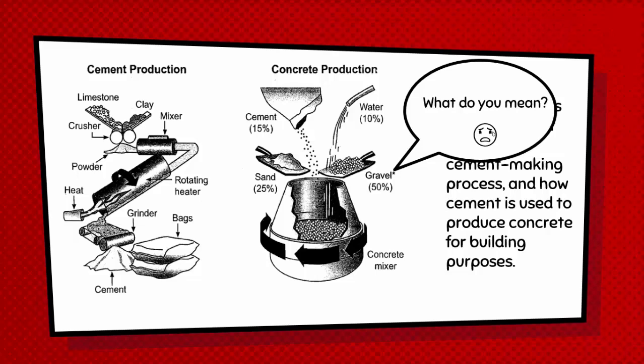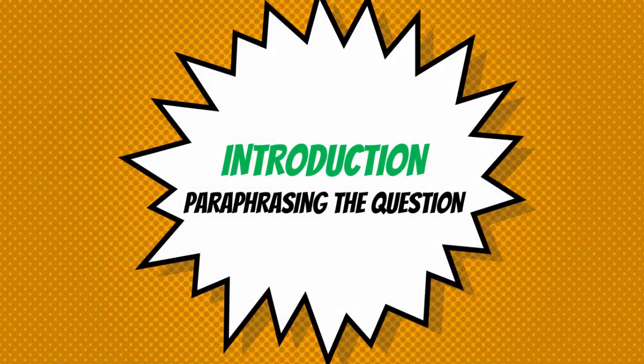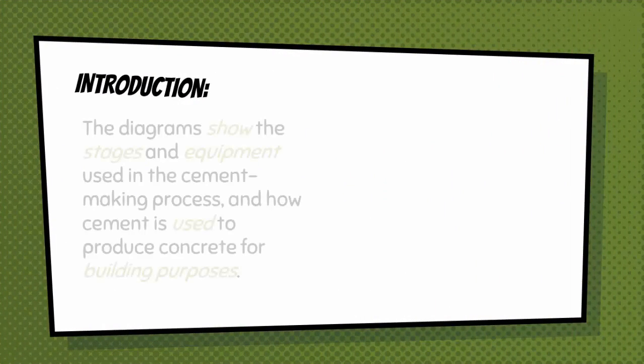What if there are a ton of words that you just have no idea what they mean? But no worries. If there are any difficult technical words in the diagram or chart or graph, they will be explained. The report structure is still the same. We'll start with the introduction by paraphrasing the question as usual.